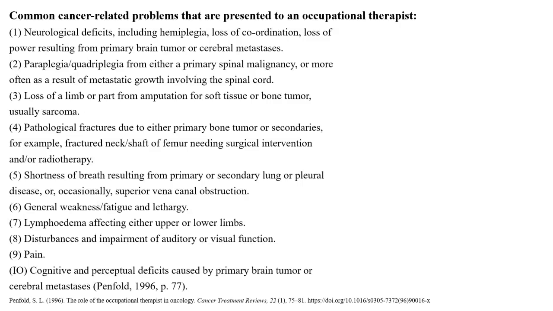For example, a fractured neck of the humerus needs surgical intervention. You might also see shortness of breath resulting from lung cancer or other cancers. Fatigue is actually the most common. Fatigue and lethargy. You will see a lot of clients will not be able to perform function or daily activities due to fatigue.